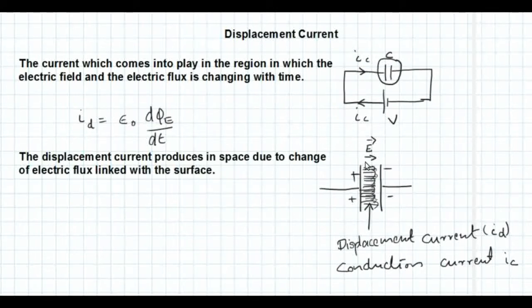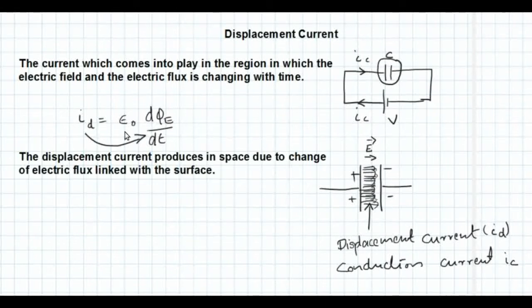There will be a flux linked with the plate of the capacitor. Due to the change in flux with time, that is the meaning of d phi by dt. So there is a change in flux with respect to time. That is why I is proportional to d phi by dt. Therefore I_D is equal to a constant into d phi by dt.